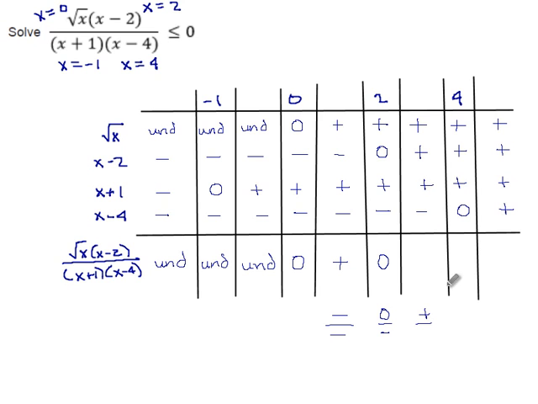I'm doing it to just show a little more detail, but maybe you are handling these in your head already. Positive over negative comes out negative. Positive times positive gives us a positive numerator. Positive times 0 gives us a 0 numerator, undefined again. We get another little blip there where the numerator is okay but the denominator is not. And finally, we get all positives, so the overall function is positive. So there's our completed sign table.